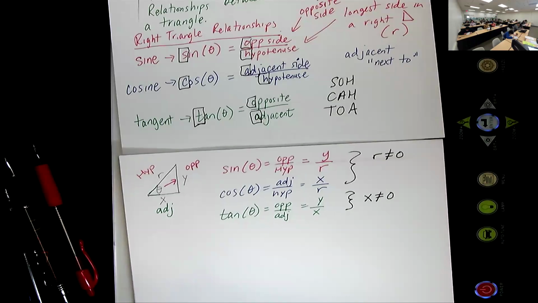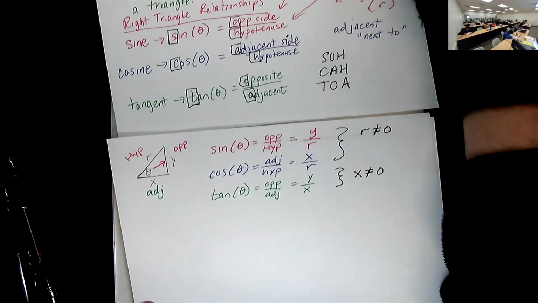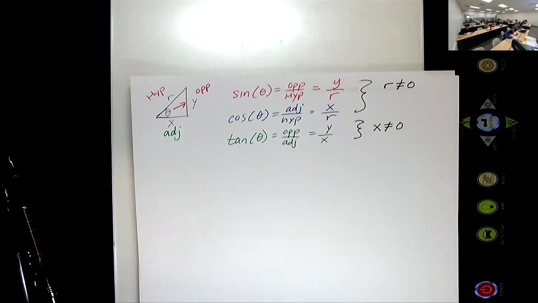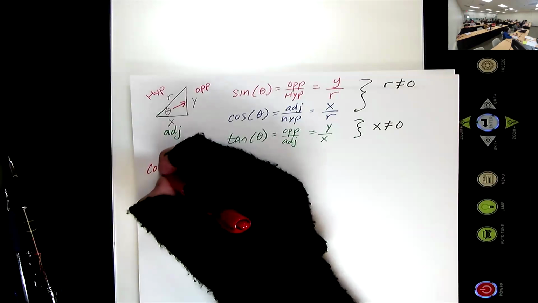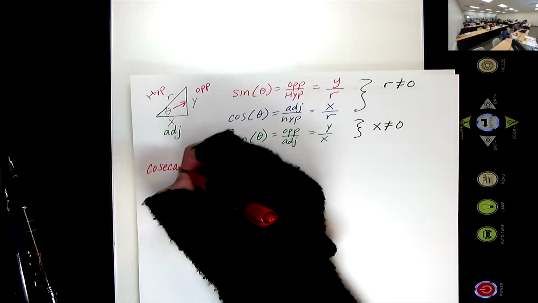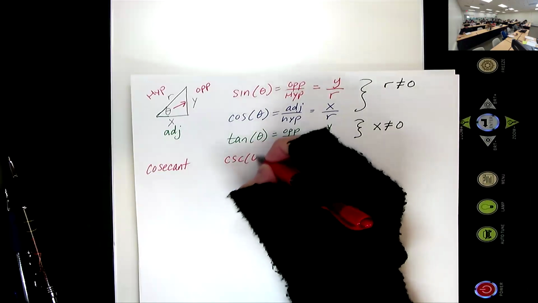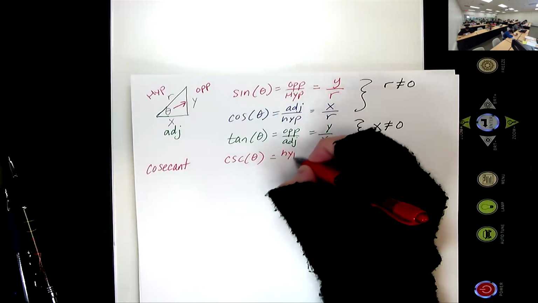We have 3 more basic trig functions. These are the lesser used ones, but they are important. They do come up. We could have cosecant. Cosecant is abbreviated CSC, and it is hypotenuse over opposite.